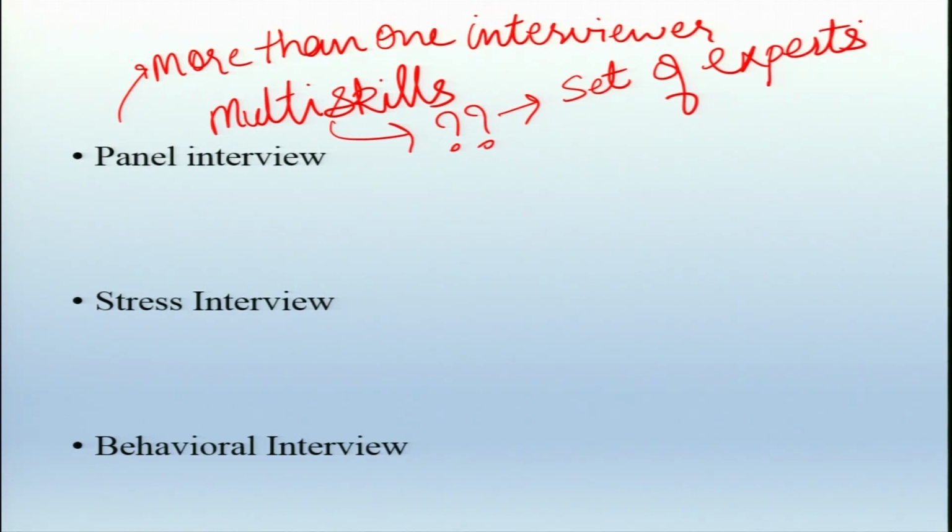The panel which you are taking is going to be comprised of people from different expertise areas, different specialized areas, so that they can ask questions from their set of specialization and can analyze how good that candidate is in that particular specialization or expertise. So, the primary objective of a panel interview is to probe a candidate from different sets of expertise, so that you can get an idea of how multi-skilled that person is.